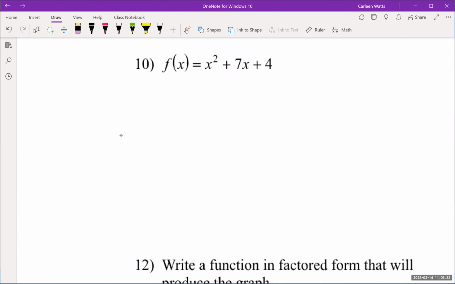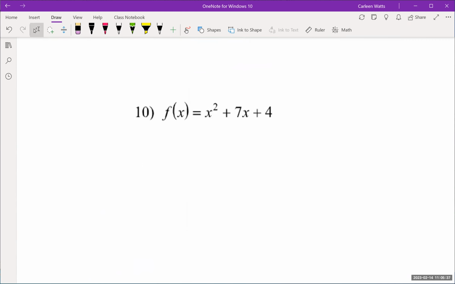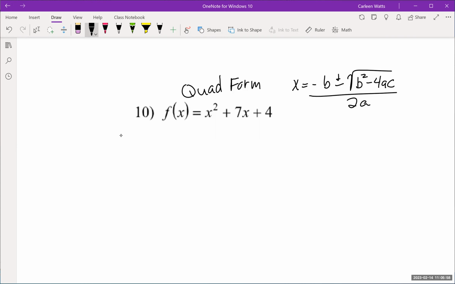Next. I'll give you a hint. You're going to have to use the quadratic formula. X equals -b plus or minus the square root of b squared minus 4ac all over 2a.